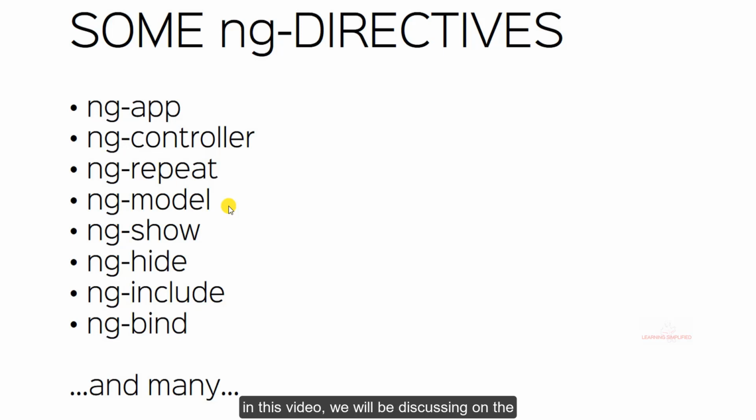In this video, we will be discussing the ng-show and ng-hide directives, and in the next videos we will cover some more ng directives like include, bind, and these sorts of things. That is what we are going to learn in the next 2 or 3 video tutorials. So let's proceed.